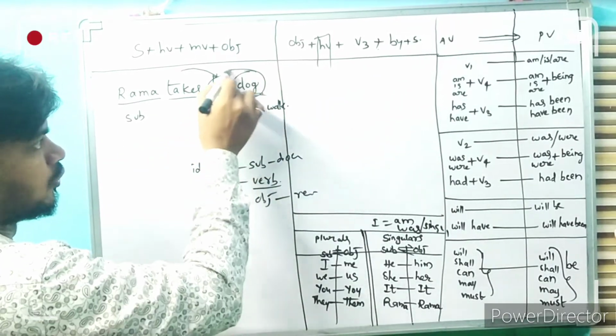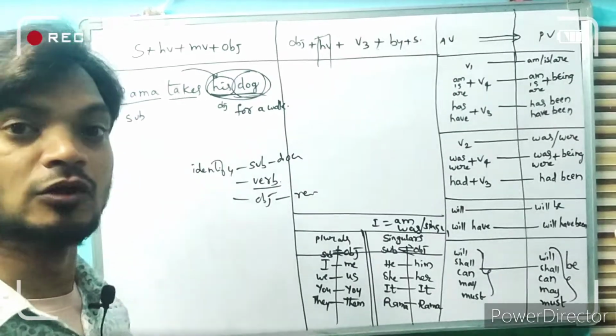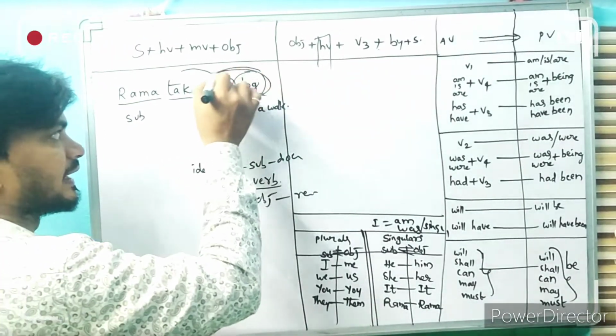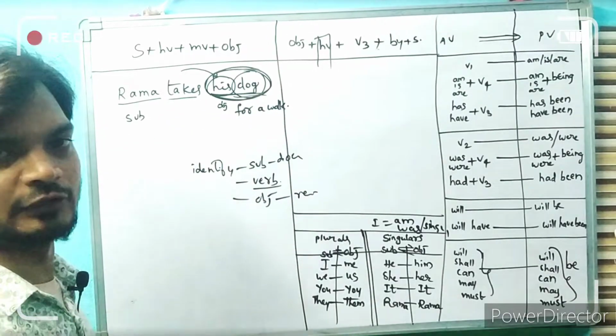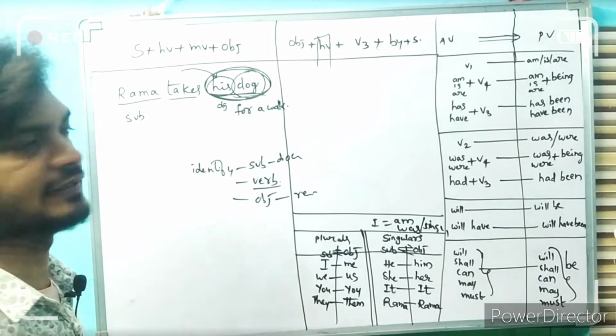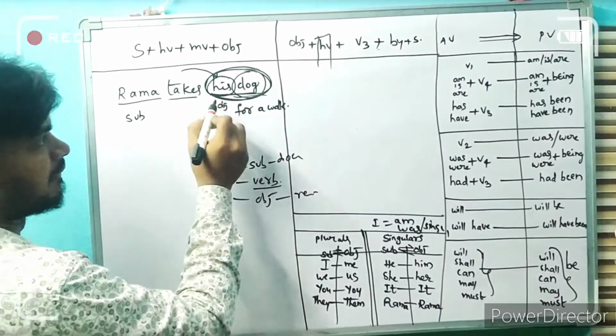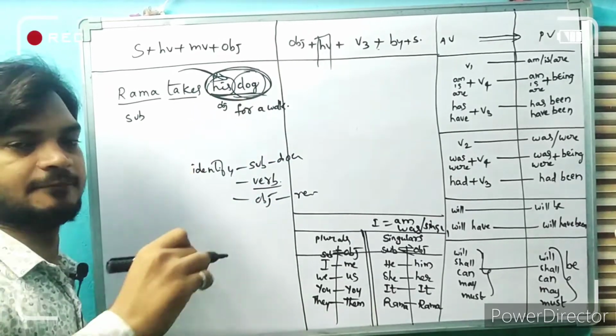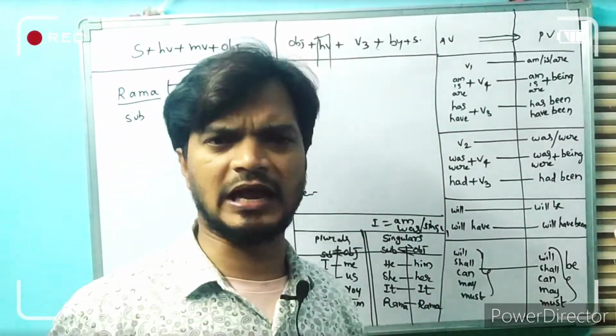Here dog is a noun. So his dog, her dog: whose dog has he taken? His dog. So this his dog is one particular word, which is identified as the object in this sentence. So whatever it is after the verb, just translate into your language.